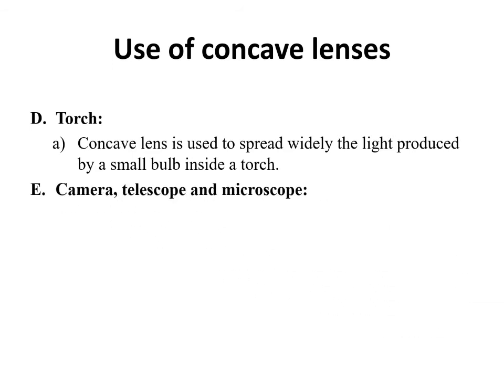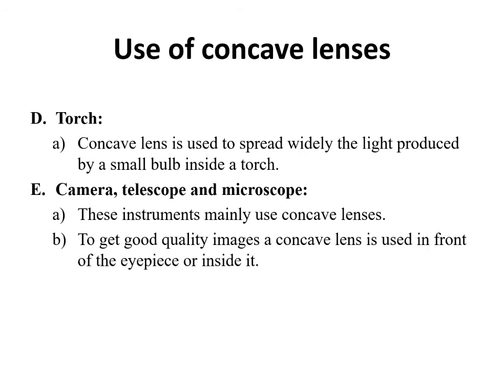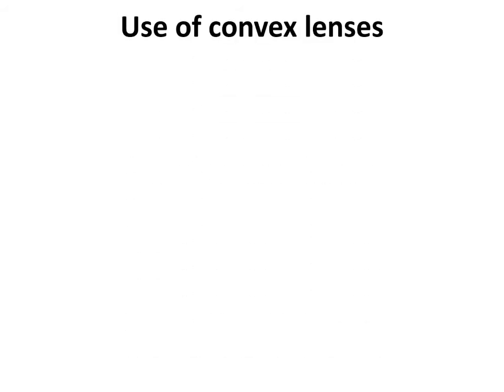Next are the camera, telescope, and microscope. In these instruments, concave lenses are mainly used to get good quality images. A concave lens is used in front of the eyepiece or inside it.